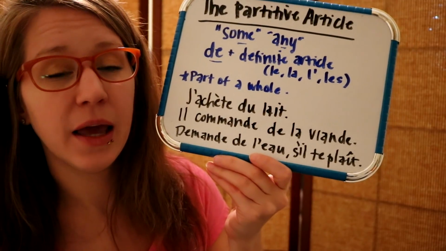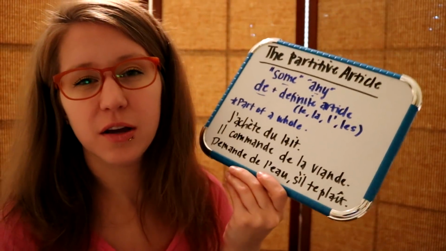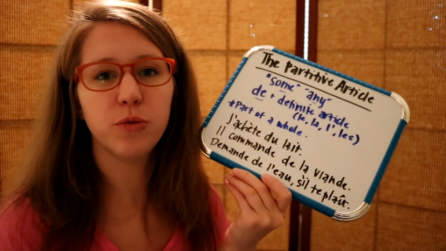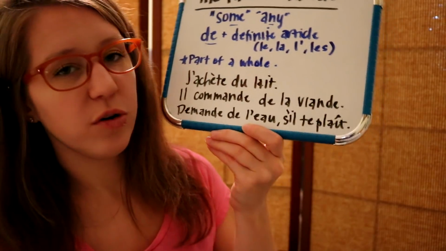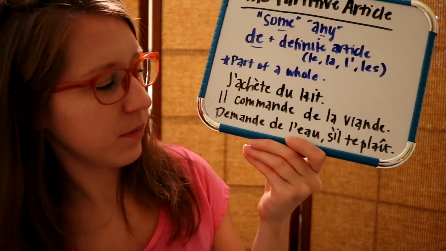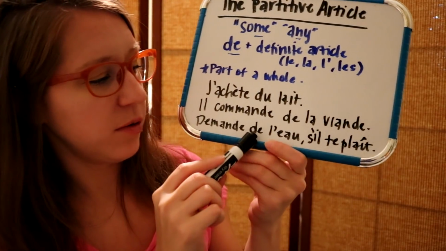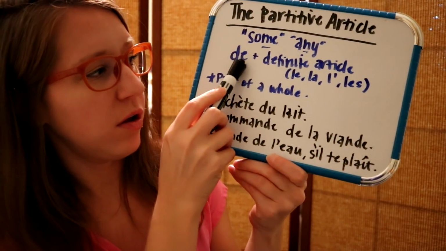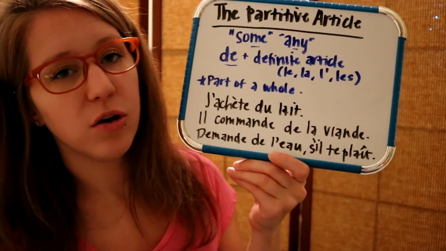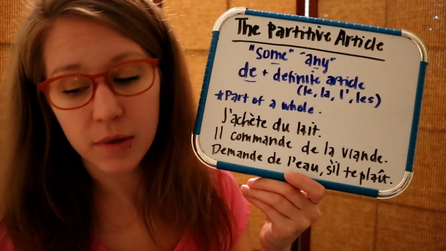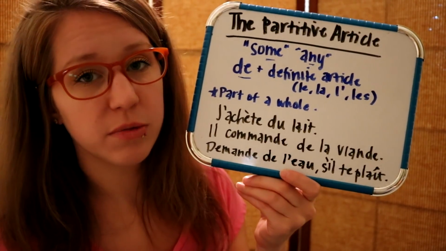Water is E-A-U. You may have seen this on a perfume bottle, eau de parfum. So this is the word for water. Demande de l'eau, s'il te plaît. So here we have de plus l'apostrophe, making our meaning of some. So saying ask for some water, please.